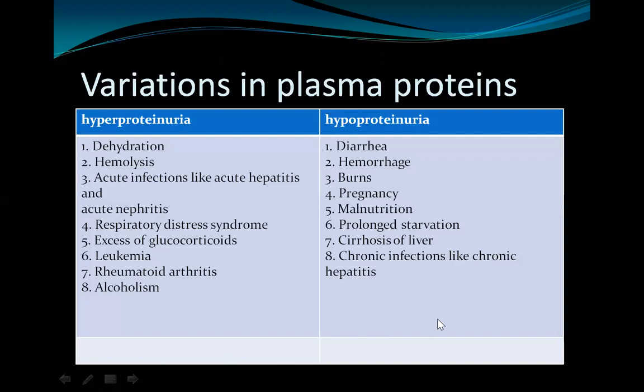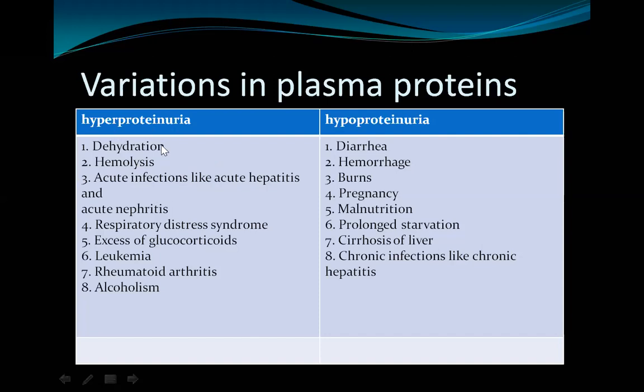The plasma protein levels can vary; they can be increased or decreased. When they are increased, it is called hyperproteinemia, and when they are below the normal range, it is called hypoproteinemia. Proteinemia refers to the proteins in the blood. You find hyperproteinemia when a patient is dehydrated, and in hemolysis, the destruction of red blood cells or blood cells.